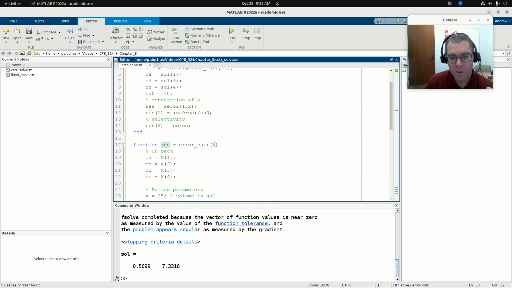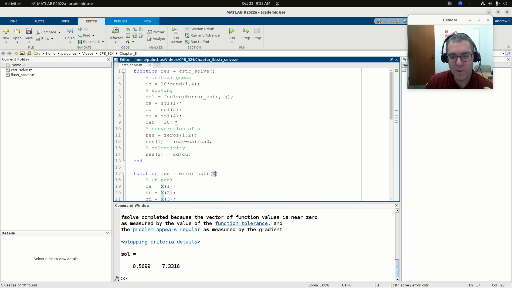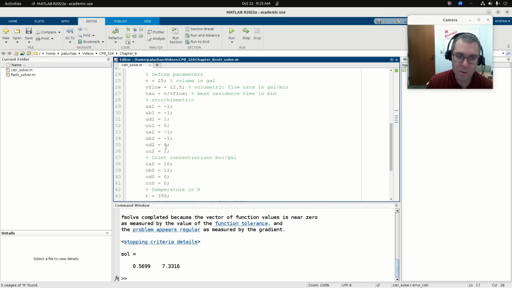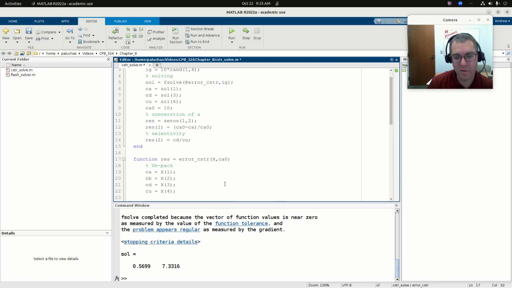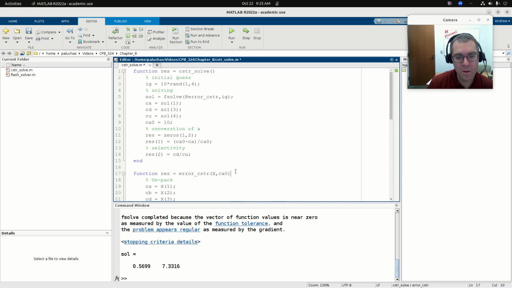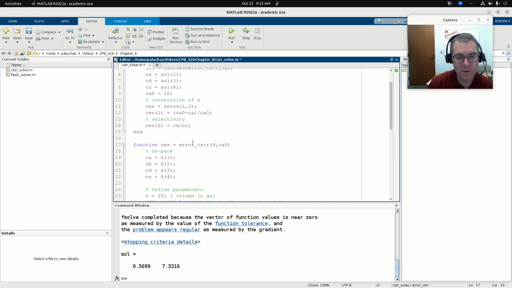And so if the information is needed up here, what would be nice is if I didn't have it here, but instead passed it as an input variable to my error function. So instead of defining it here, I'm going to pass that information to it.